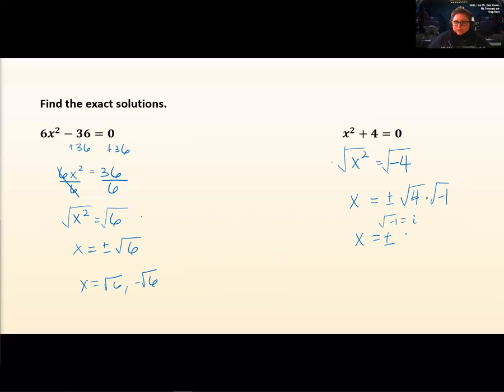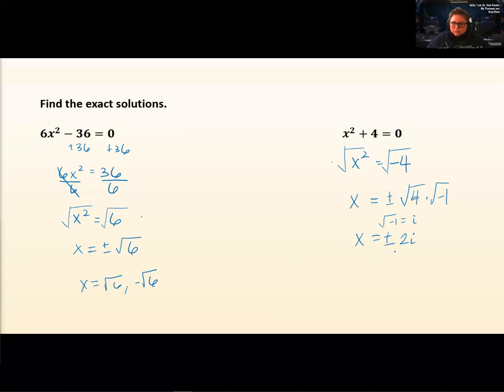So what's the square root of 4? Any takers? It'd be 2i. Yep, you got it. And what's really important is you're only worried about this if it asks for all solutions, right? Real and complex.